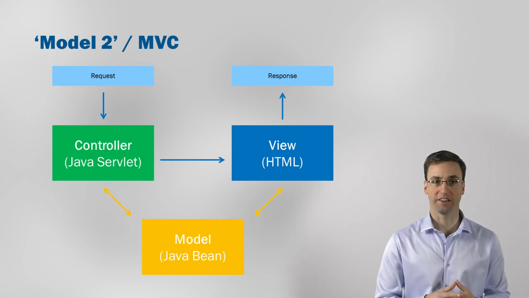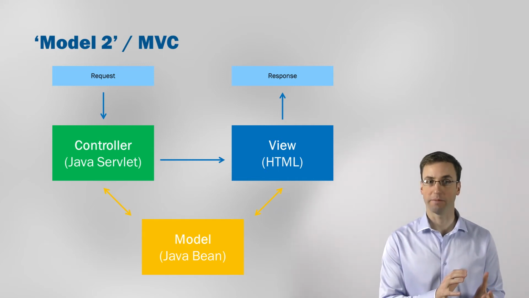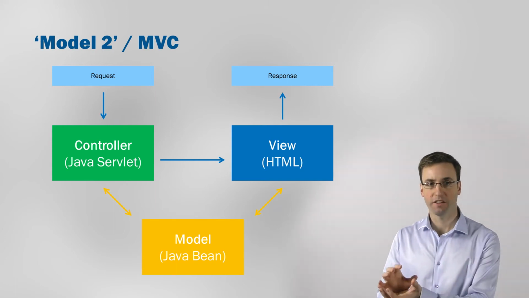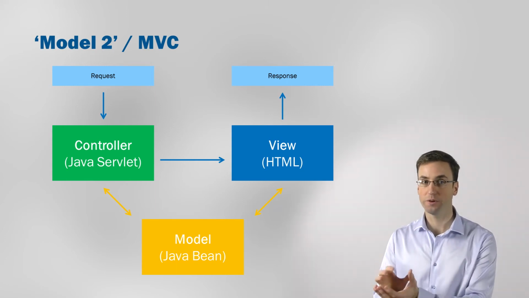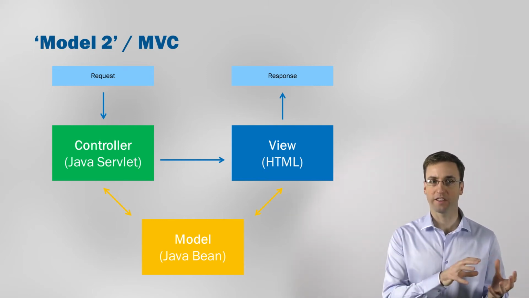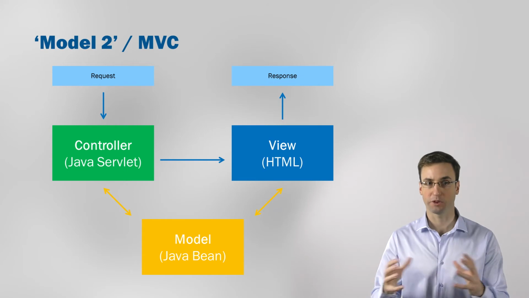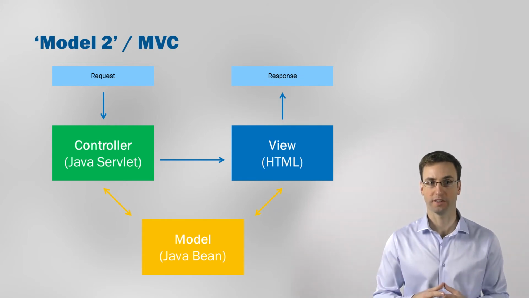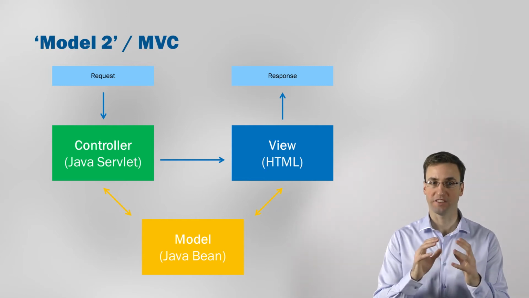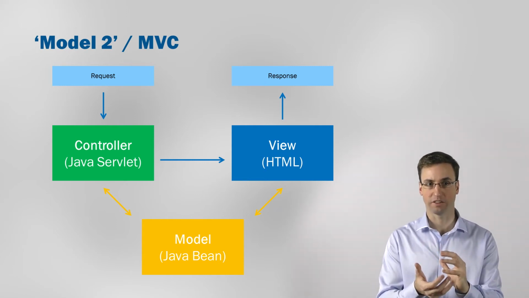In an MVC architecture, the servlet that handles the incoming request is known as a controller. The JSP page that generates the output is known as the view. And in an MVC architecture, we refer to the data that is exchanged between the two as something special, the model. The model is supposed to represent the internal conceptual understanding of the user interface.